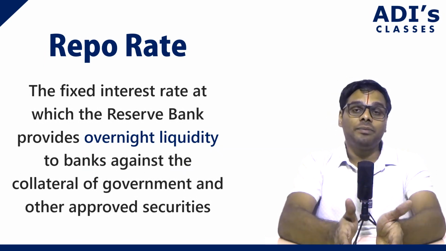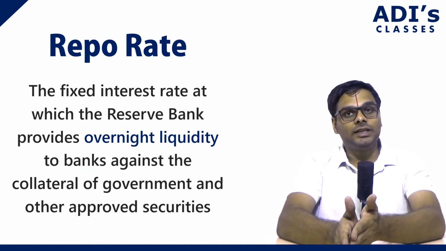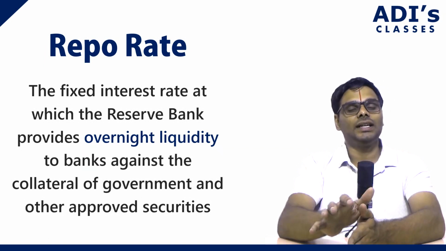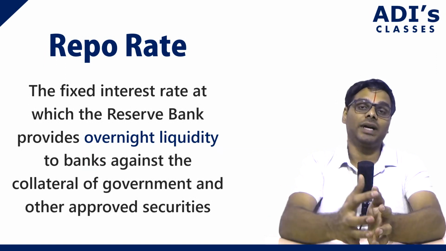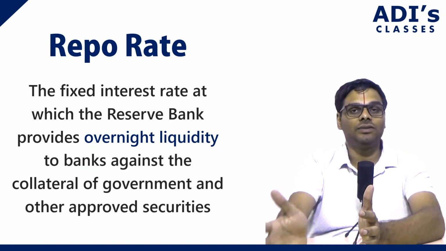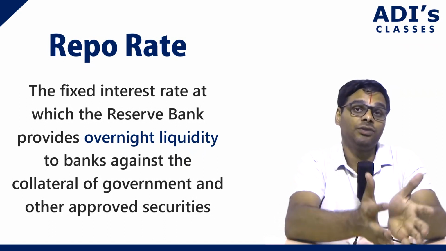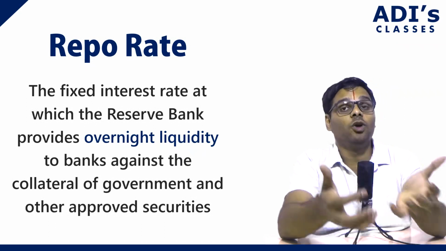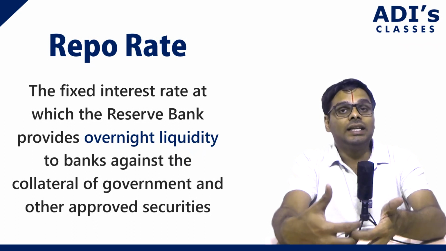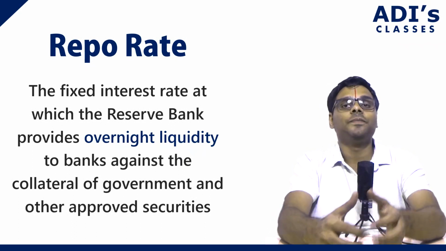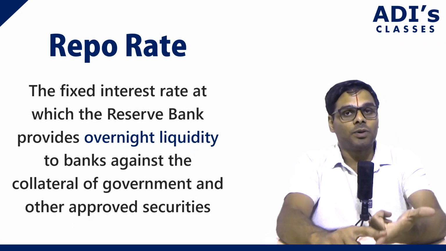Is the RBI providing overnight liquidity to the banks simply like that? No, it is asking for some kind of collateral. What is the nature of the collateral that the banks have to give to the RBI to avail overnight liquidity? The nature of collateral is government and other approved securities.